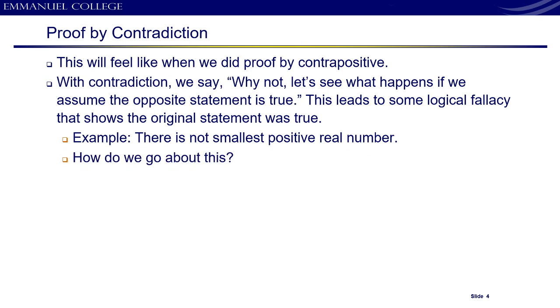If there's no smallest positive real number, then that makes sense, because somebody can pick something smaller, as long as you don't go down to 0. So let's assume that there is a smallest real number. Let's call it, for the sake of simplicity, lowercase r.